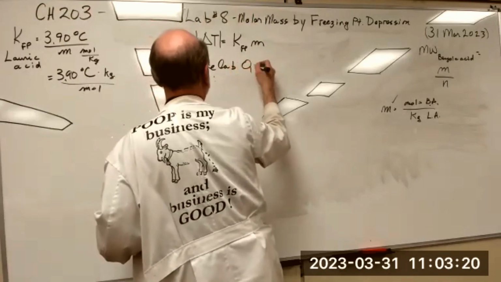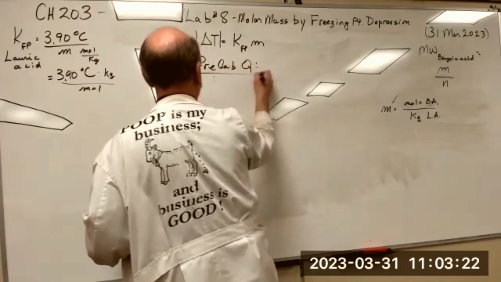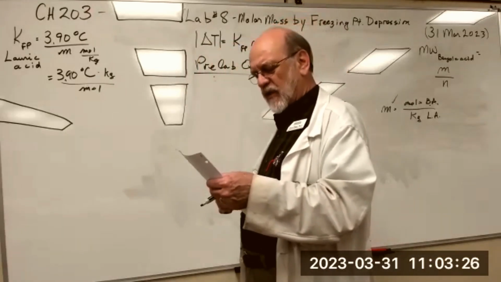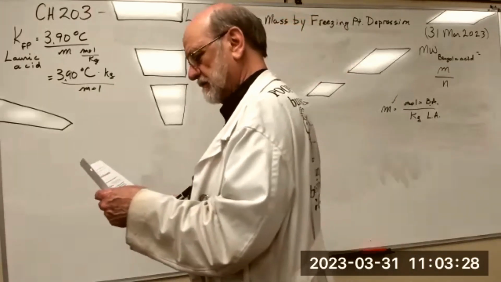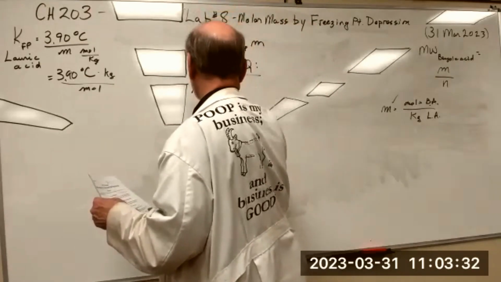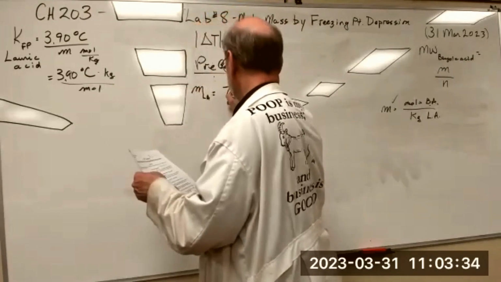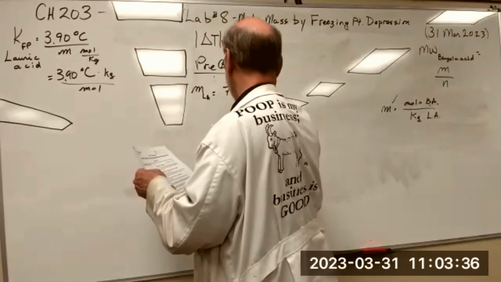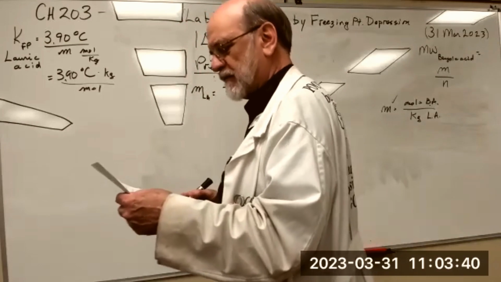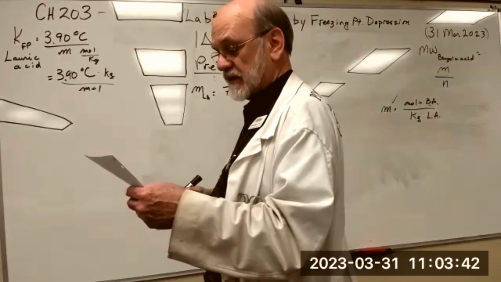Pre-lab question. All right, a student found that 7.98 grams of lauric acid, so we have mass of lauric acid equal to 7.98 grams, froze at 43.75 degrees Celsius.